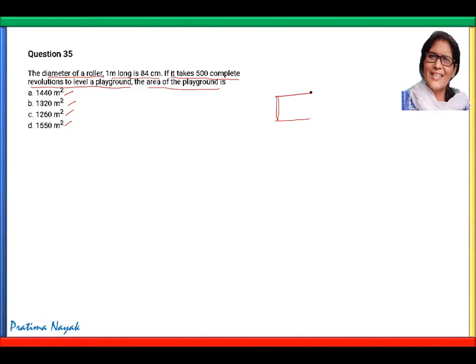When it rolls, it levels with its curved surface area. So in one revolution it levels 2 pi r h, its curved surface area. Once it revolves, that means 1 times 2 pi r h.